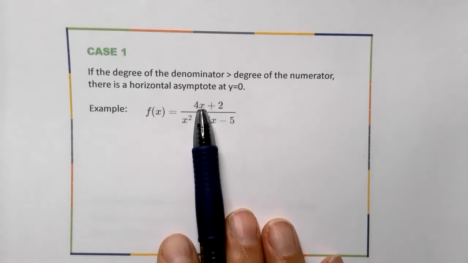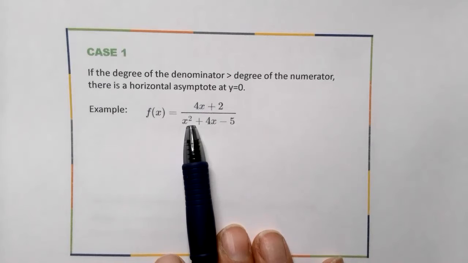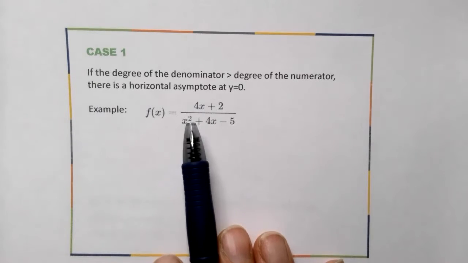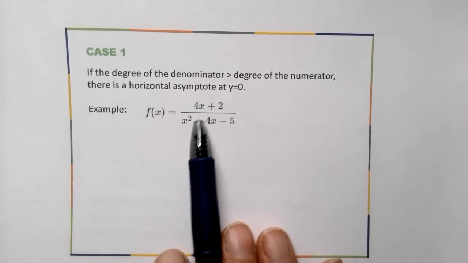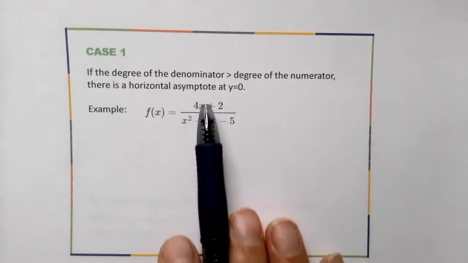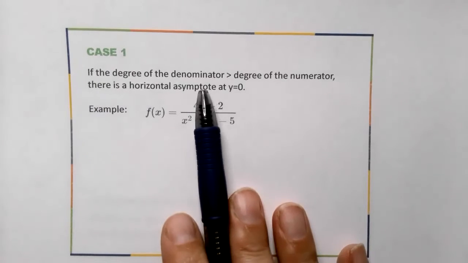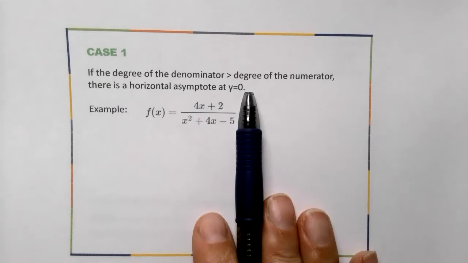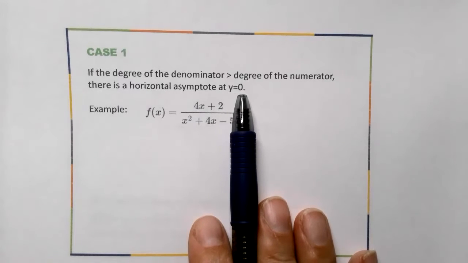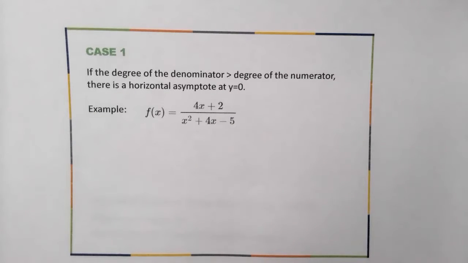So the degree of the numerator is less than the degree of the denominator. In this case, your horizontal asymptote is going to be y equals 0. And that makes sense.